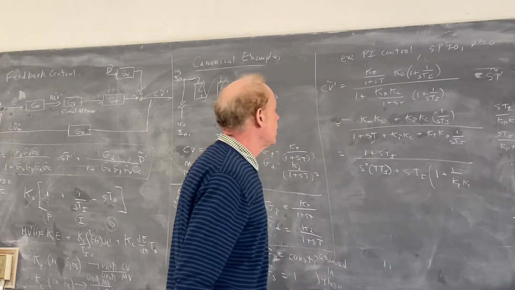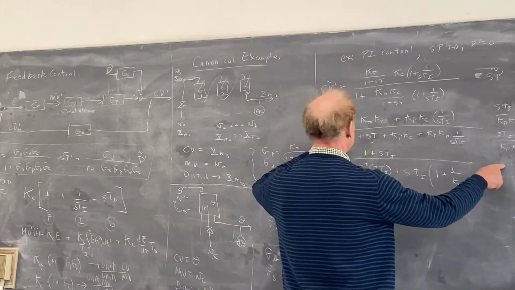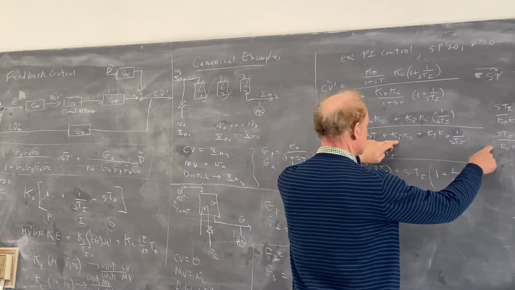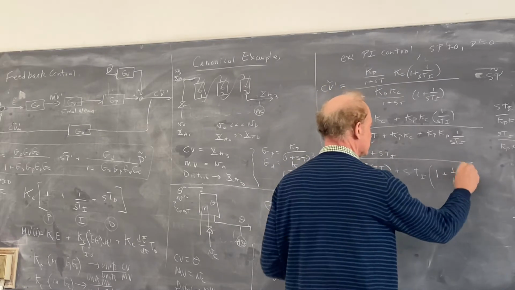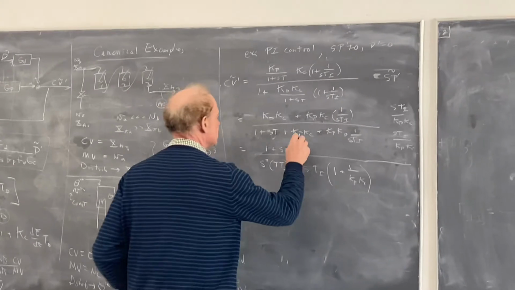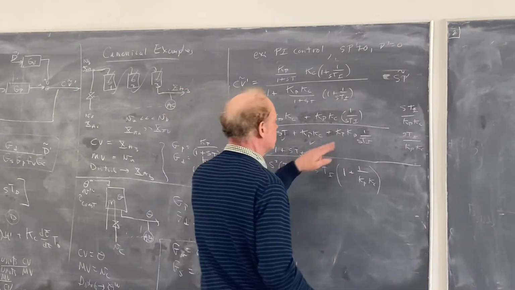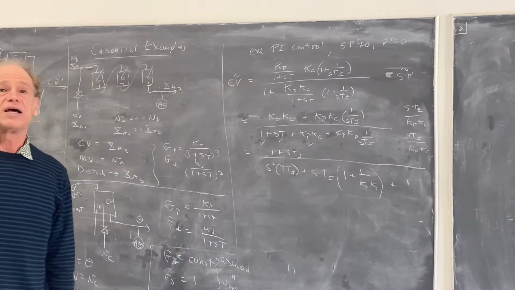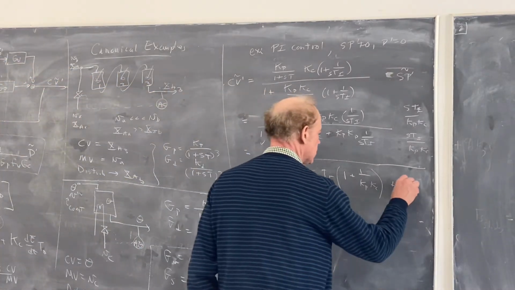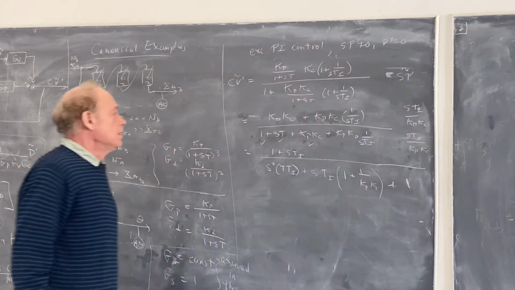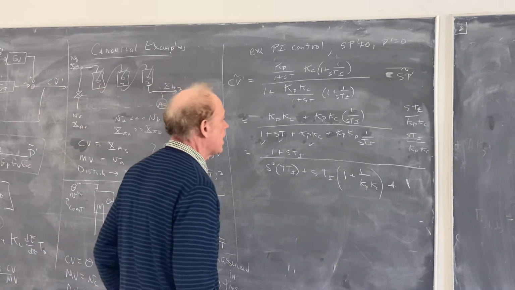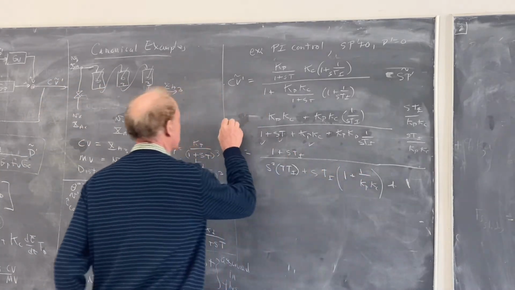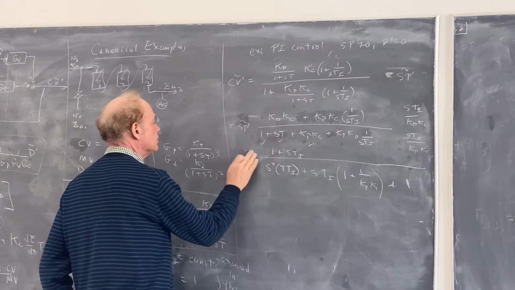Did I get that right? S Ti over KP, KC, that's the 1, plus S Ti, that was correct. And so that takes care of these two terms. And all I'm left with is this term, which is just 1. So notice I have a quadratic here. And this is multiplied by SP prime total.